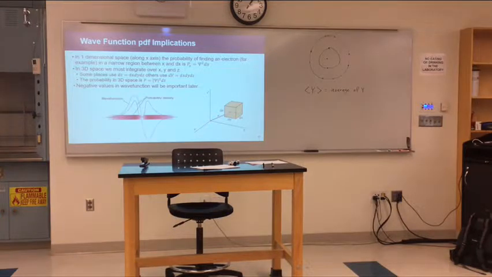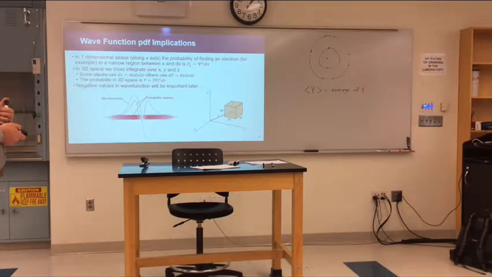Okay, so we're talking about the implications. In one-dimensional space, if we go along the x-axis, the probability of finding an electron, for example, in a narrow region between x and dx would be the wave function squared times that small interval at the particular location that you're interested in.